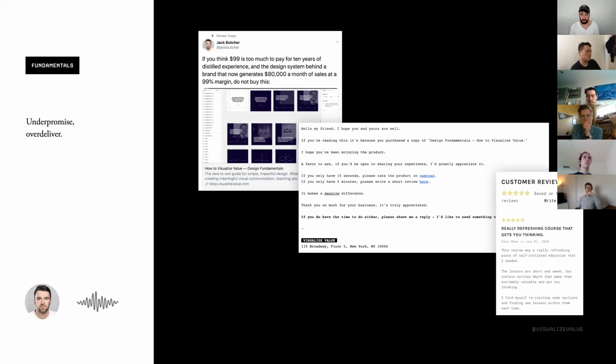So figuring out ways to reach out to people, get feedback, have them, not in a dishonest way or a non-genuine way, give genuine feedback on the product, and then use that as a catalyst for bringing more people into the ecosystem and helping other people understand what the value is.